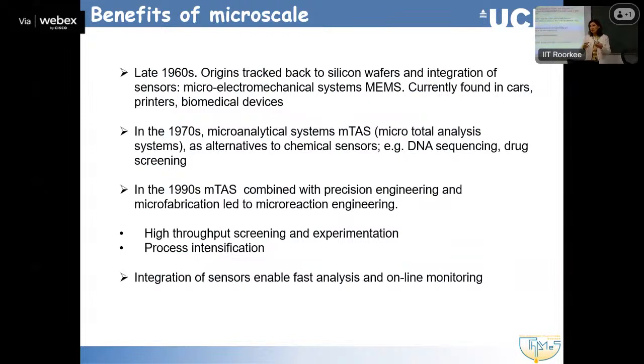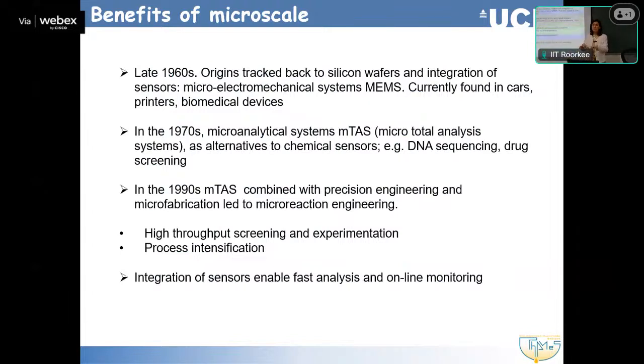You had a pH meter, for example, or more bulky devices. So in these µTAS, micro total analysis systems, applications such as DNA sequencing and drug screening started to be performed. And later on, coming to the 90s, these µTAS were combined with precision engineering, not just wafers anymore, and microfabrication to lead to what we call microreaction engineering.